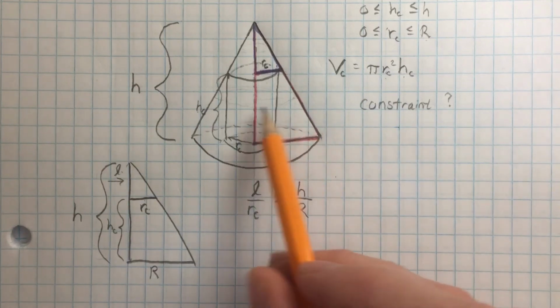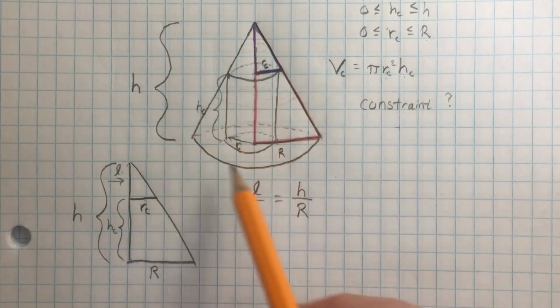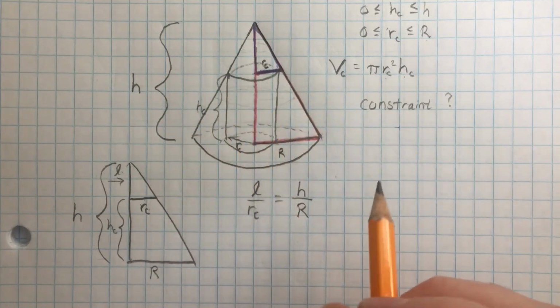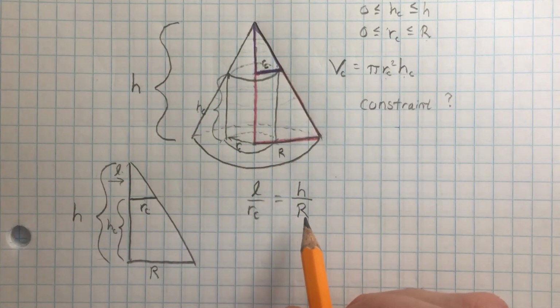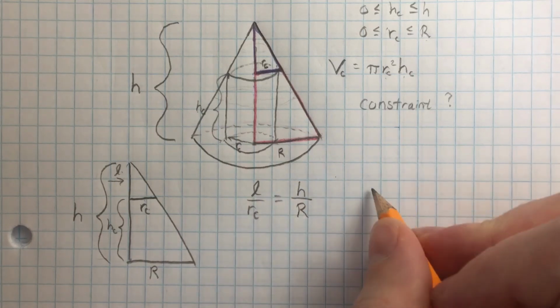No matter where you would turn this triangle inside here, the little one will follow, and this proportionality will exist throughout the entirety of this structure. So here is a relationship between the cone and the cylinder.